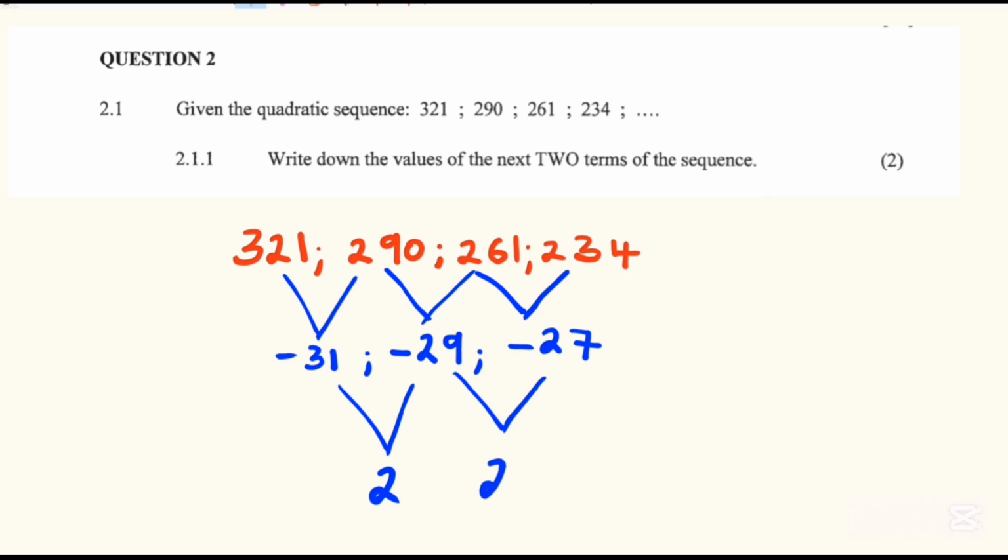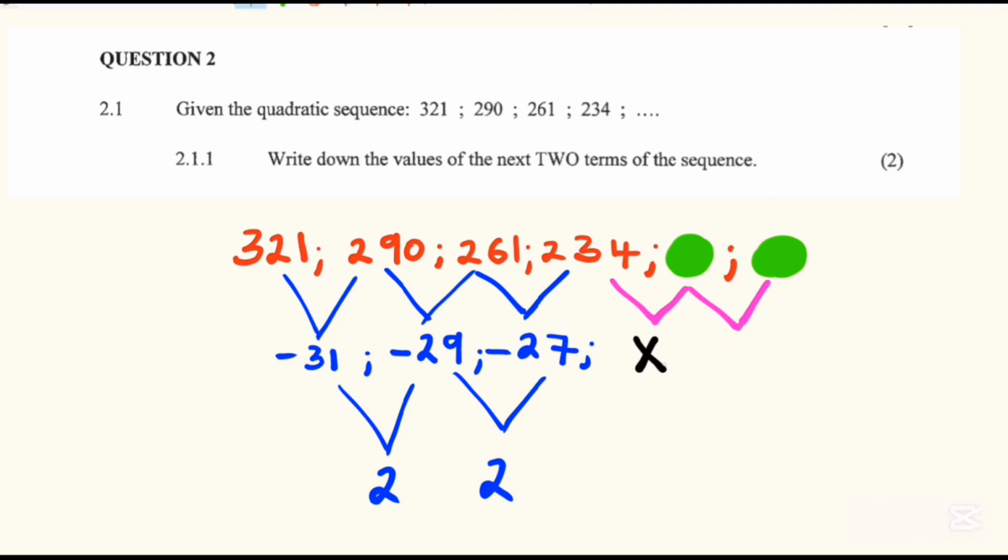So the next two terms, that one will be term number 5 and that one will be term number 6. Term number 5 minus term number 4, we can suppose that it's x, and we know that the second difference is equal to 2.